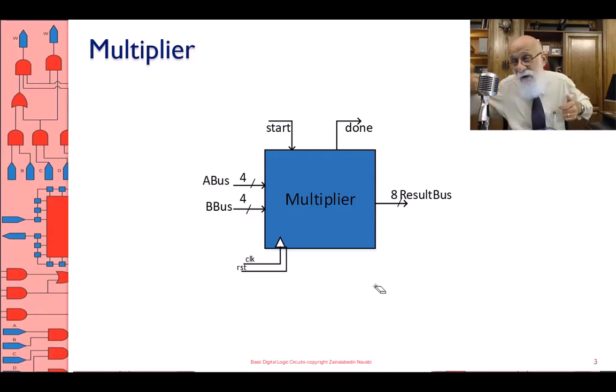Why so simple? Well, there is no free lunch. The algorithm is simple, but look, for a 4-bit multiplication, I can use up to 16 clock cycles.